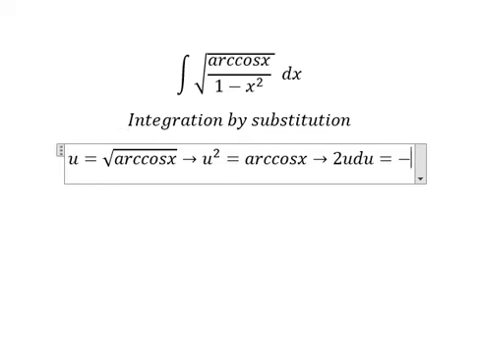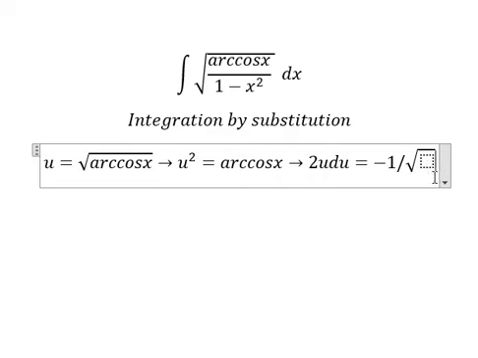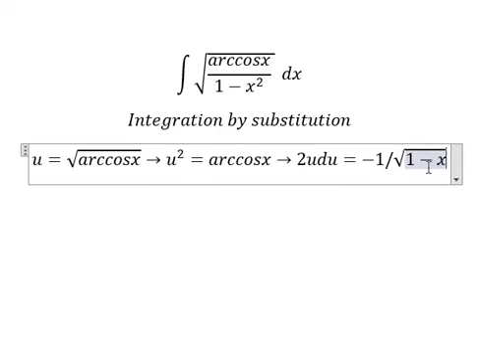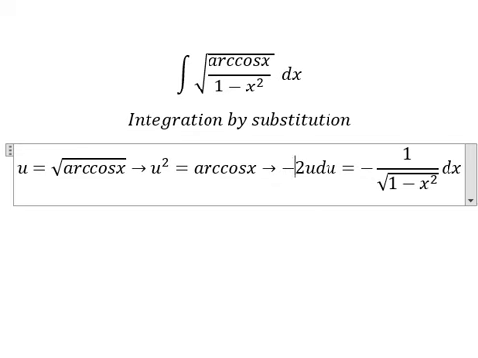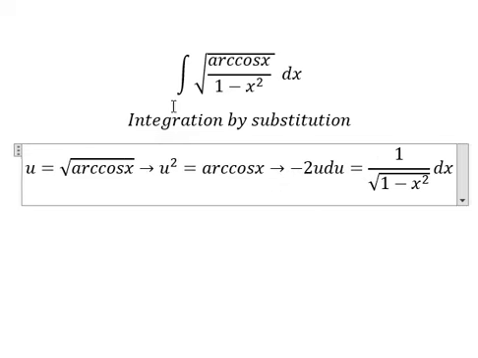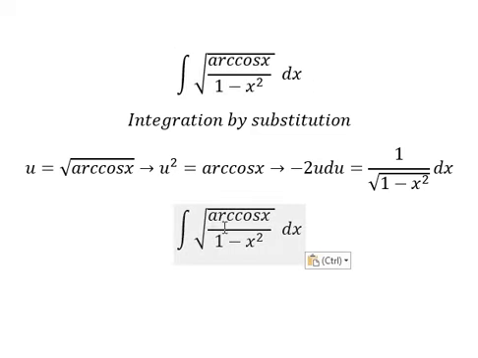And this one we have negative 1 over the square root of 1 minus x squared. Because we don't have the negative sign in here, so I will put this one to the left. So the square root of arccos x we change for u.